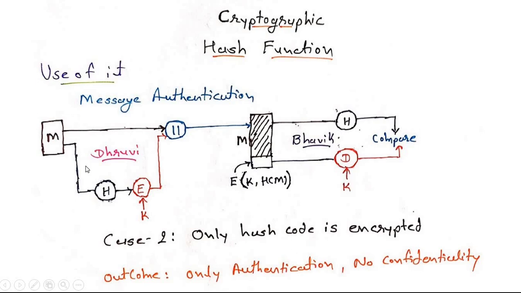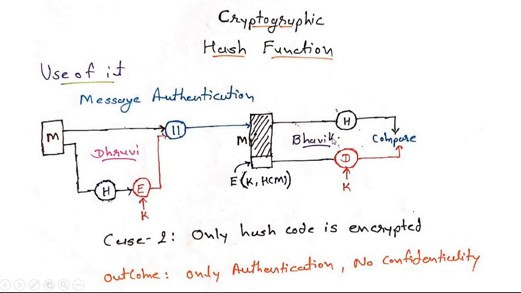After applying the encryption to the hash code, we will append the message plus the hash code on the sending side, from Dhruvi's side, and send this appended message into the channel. Whenever Bhavik receives it, the message is appended with the encrypted hash code and the original message. If you look here, only the hash code is encrypted; the message is not encrypted.